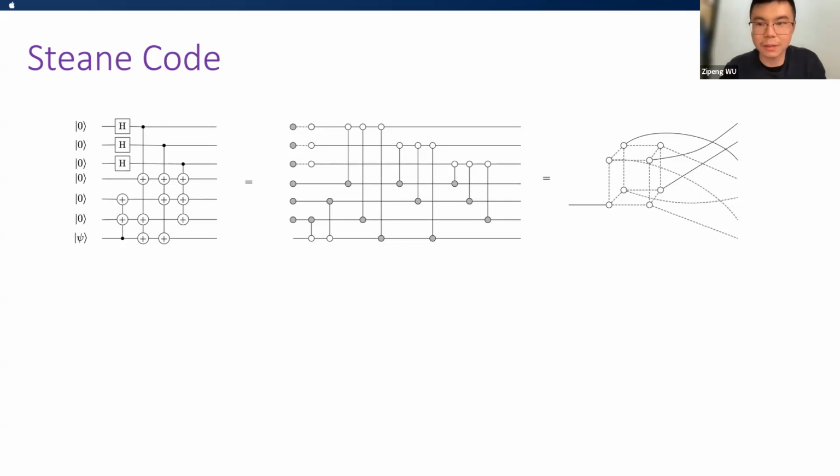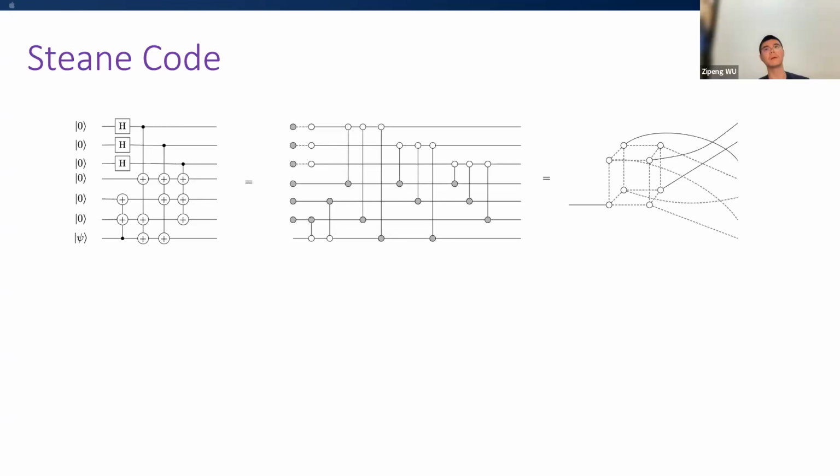I'm not sure if it is what you are looking for. If we look at the 422 code, the one that we are used to is a simple case where logical X is implemented by just X operators. But what if logical X is implemented by Z operators? That's also possible.